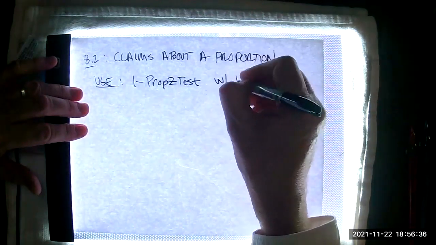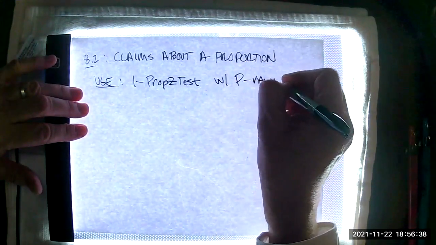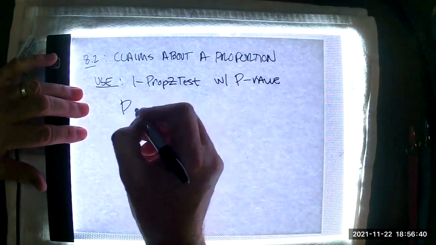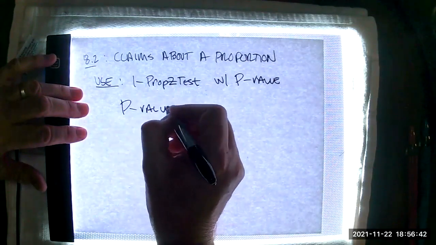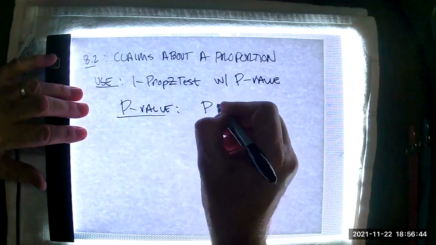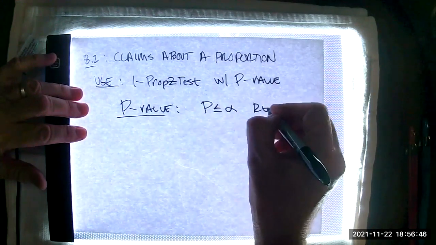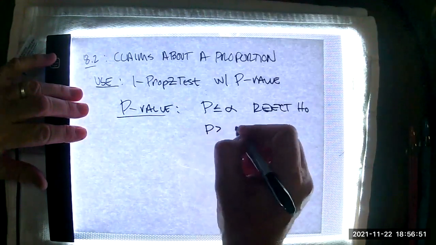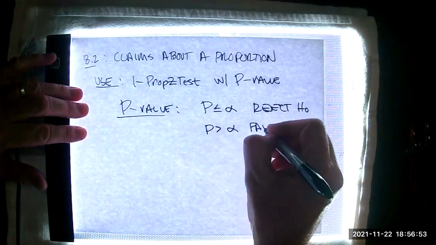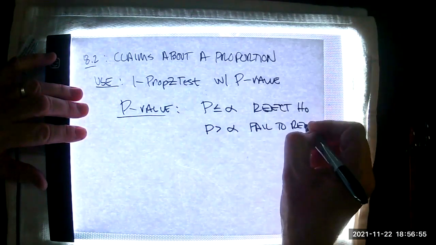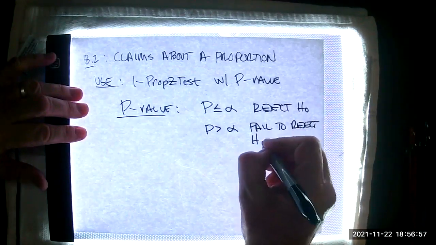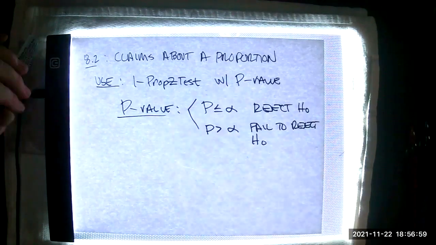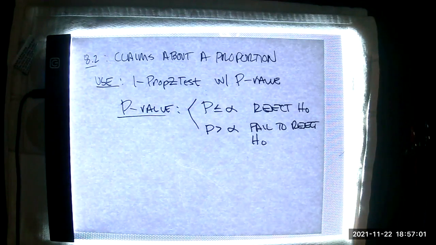And I'll use that with that p-value method. I'll remind you that for the p-value method, if p is less than or equal to alpha, we will reject our null hypothesis. And if p is greater than alpha, it is a fail to reject that null hypothesis. So claims about a proportion handled with the p-value.